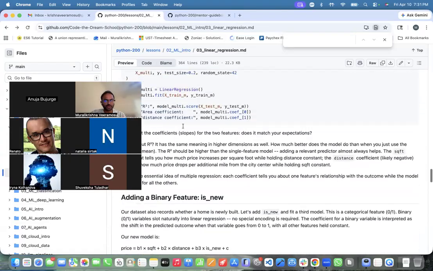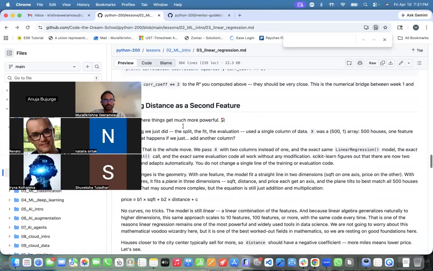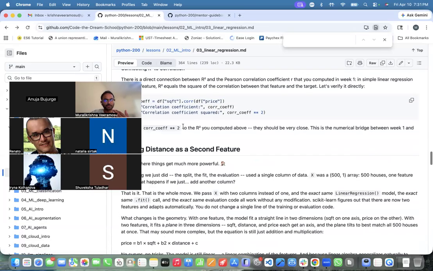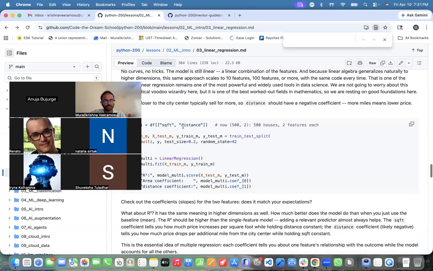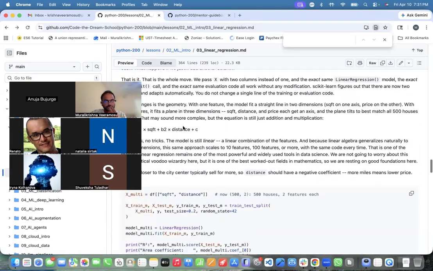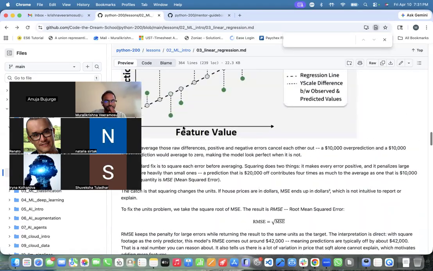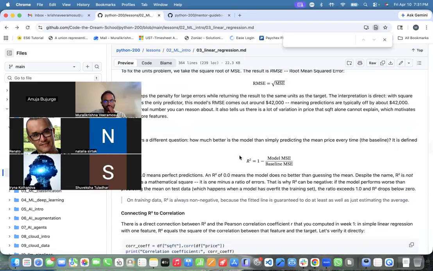So with R2, what we are trying to figure out is how well our model is fitting the data compared to the mean value, right? So this is the formula for R2. It says how much better the model is than simply predicting the mean price every time. So we use two measures in order to measure our model.